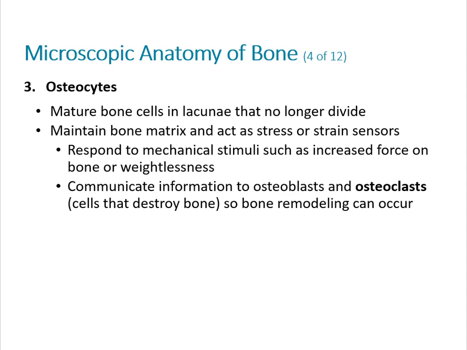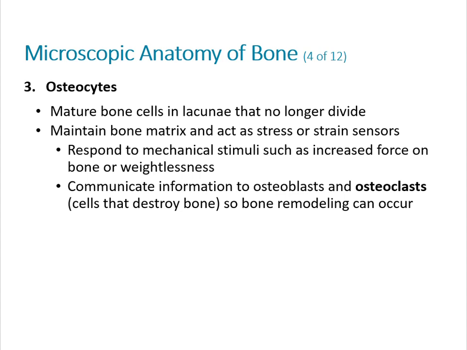They act as stress or strain sensors for bone. They can also respond to those stressors or strains by essentially communicating information with osteoblasts or osteoclasts, because that tells the bone what needs to happen. If something's happening in the body and we need more bone, we're going to communicate from osteocytes to osteoblasts.